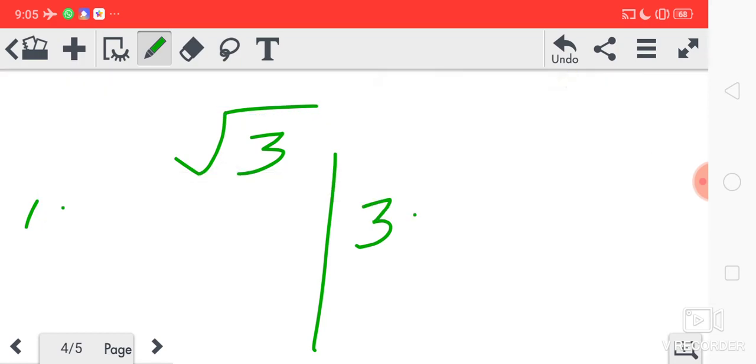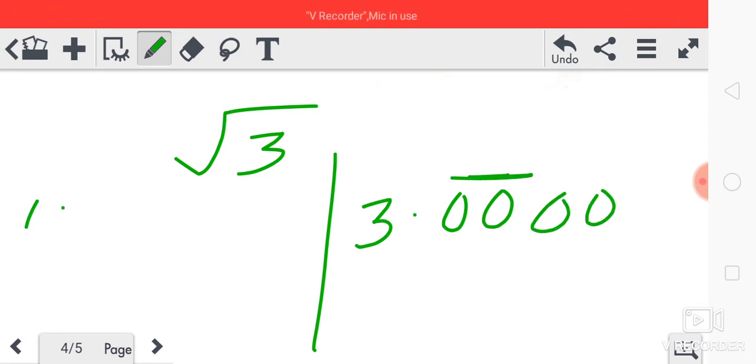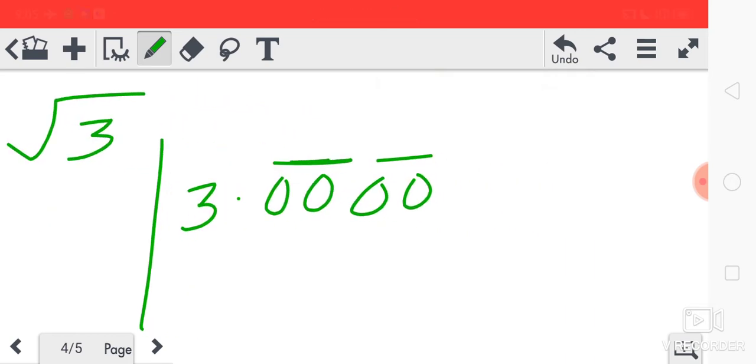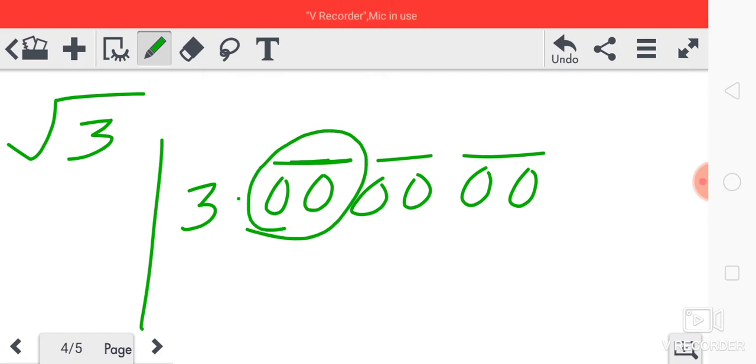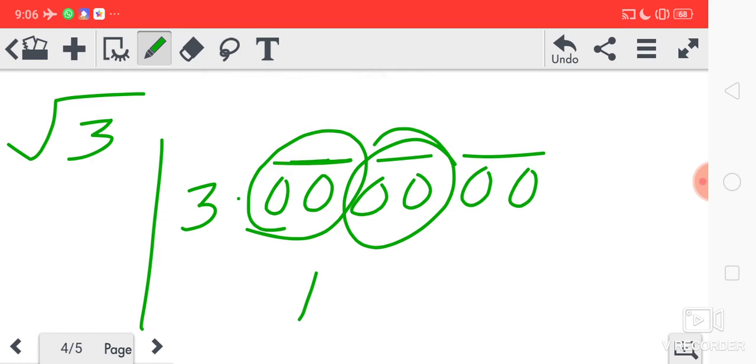So for one digit after decimal we have to give 2 digits, again for one decimal digit we have to give 2 digits. Okay, so after decimal for these two pairs of 0 we'll get 1 digit, any digit. Again for these two pairs of 0 we can get any digit, suppose 7, 8, anything.